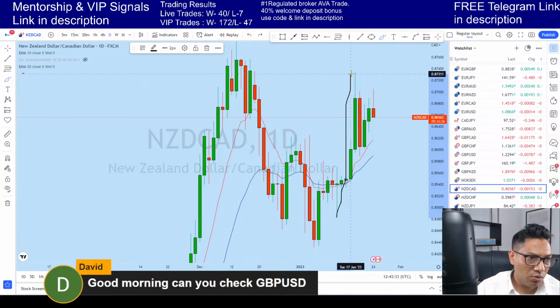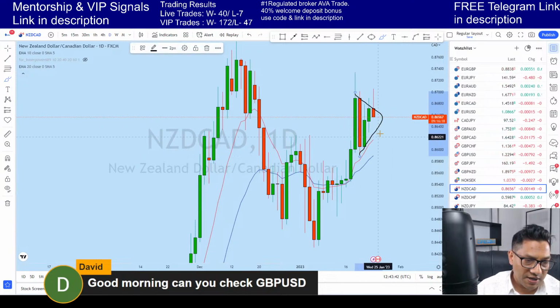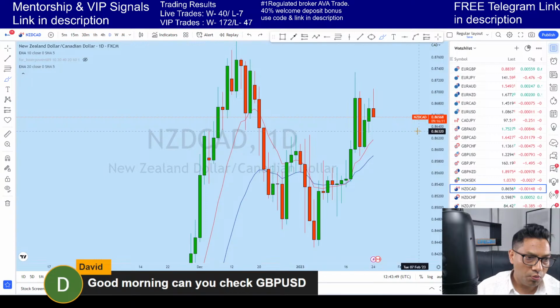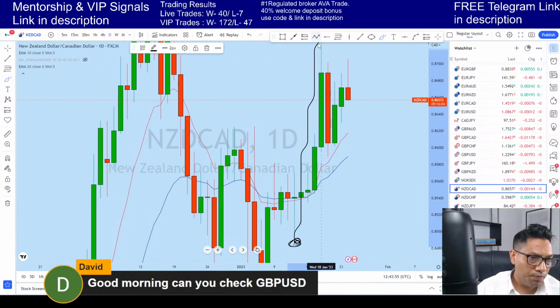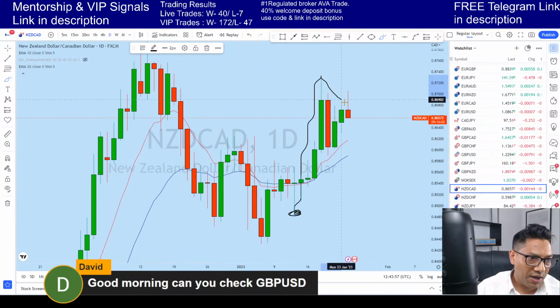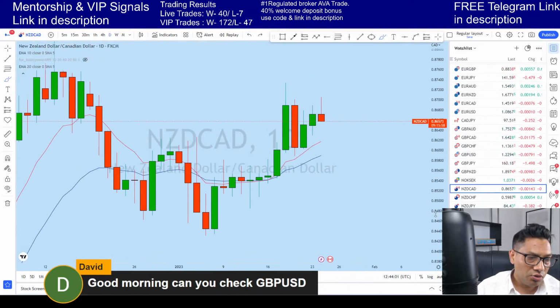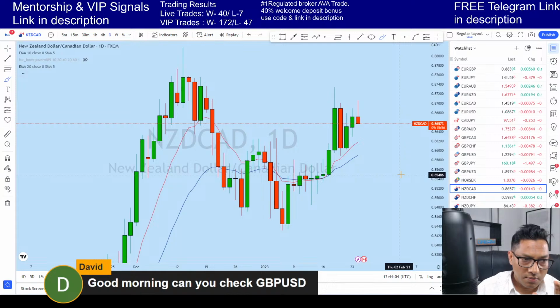Okay, a big bounce from the daily consolidation, which is typically a bullish pattern. As the price is coming back down, we could see that this gap is being filled, and then we might see another bullish move on NZD CAD. Okay, so this is the start of this move on NZD CAD, a big bullish move. And then the price created this triangular pattern. All right, so this is basically very strong bullish price action.